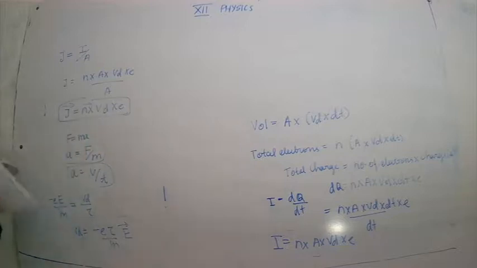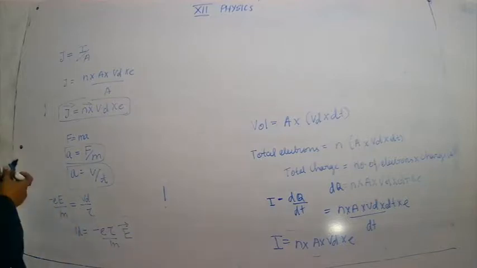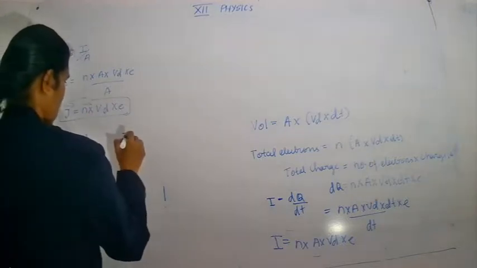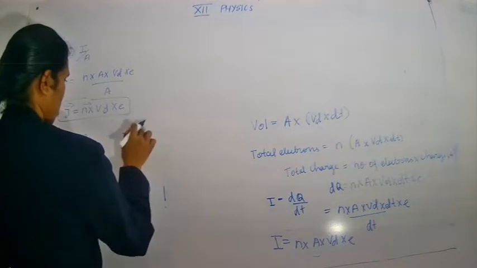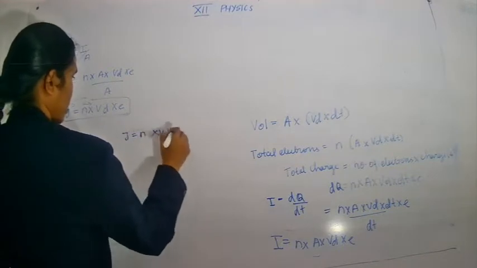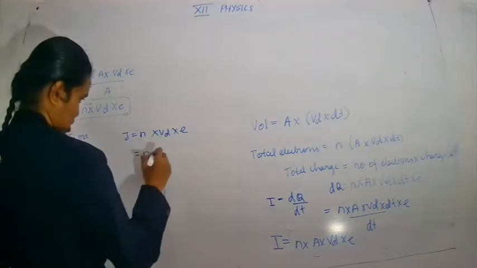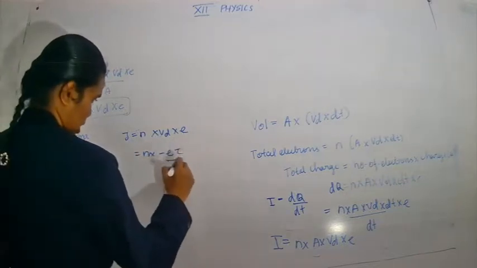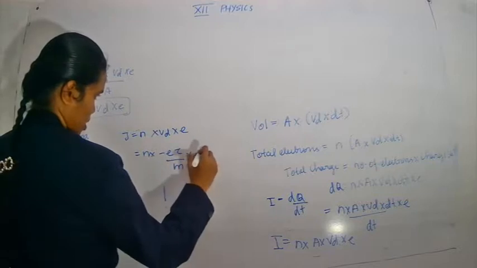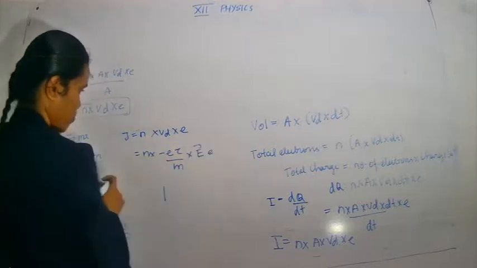Here we know the value for Vd, isn't it? We have to apply the value for Vd. So J equal to n into Vd into e. So apply the value of Vd. So n into minus e tau by m into E vector into e.